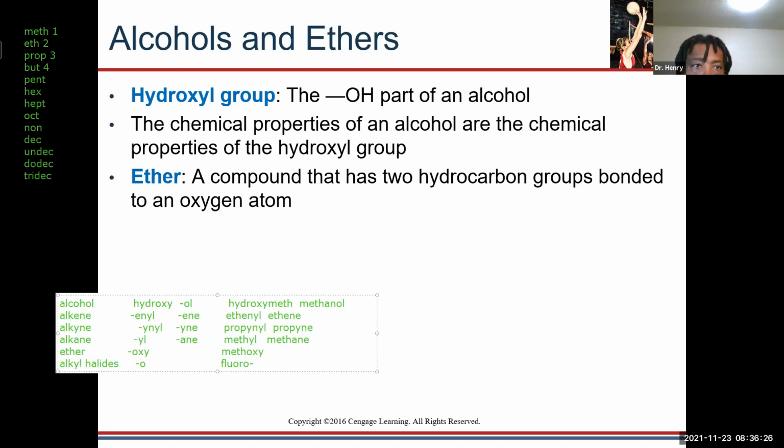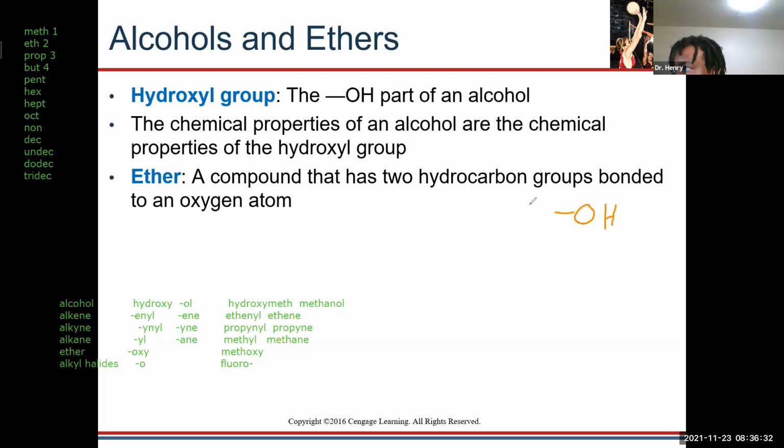Okay, so for alcohols, we have an OH and a hydrocarbon. Okay, so this here is called a primary alcohol because it's on the main chain.